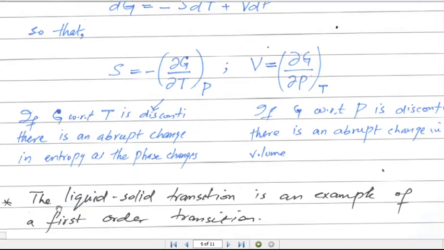The common example is the liquid solid transition, which is an example of the first order phase transition. So in a first order phase transition, any of the first derivatives of the Gibbs free energy is discontinuous. The entropy of the system can change when we go from one stable phase to another, or the volume can change, or other properties will vary as well.